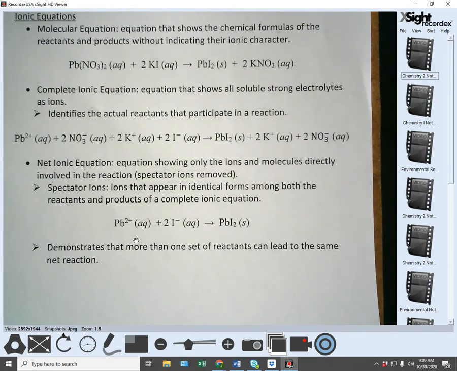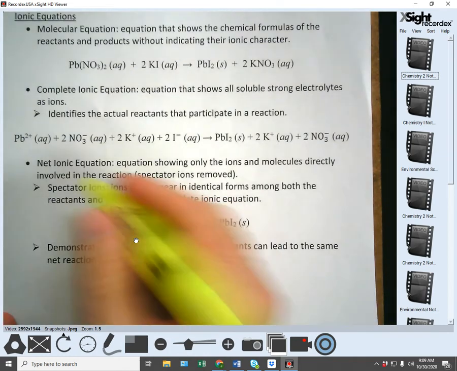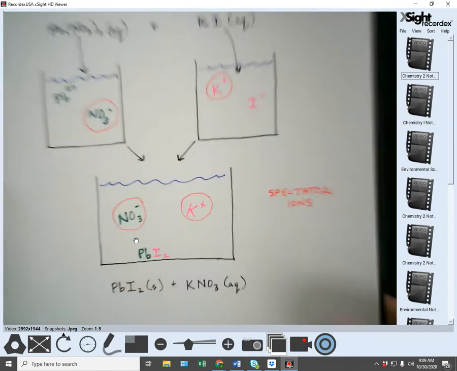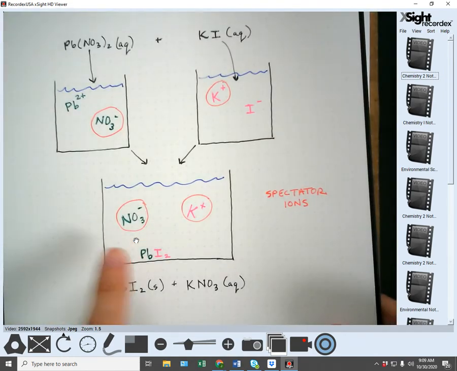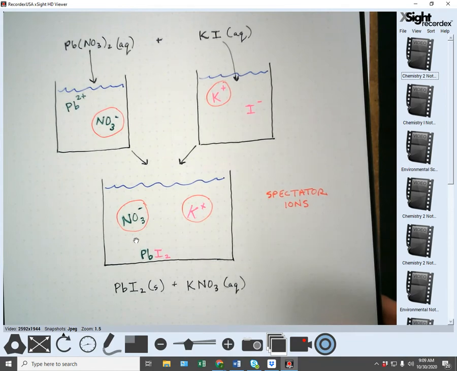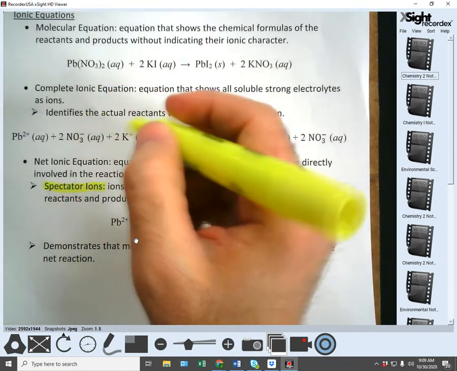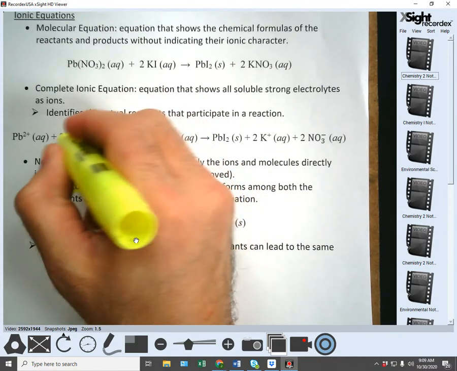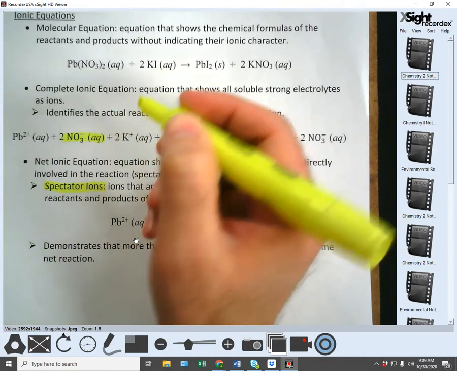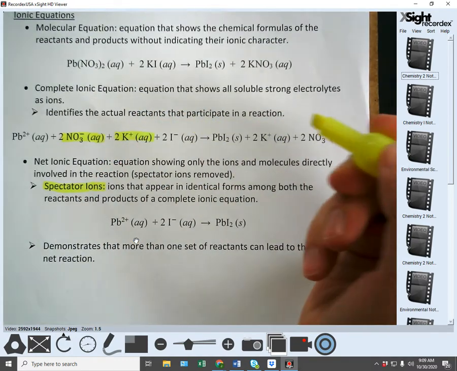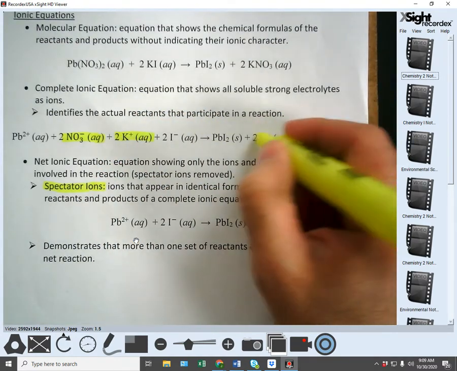Okay, so what did we say were the spectator ions for this one? We said the spectator ions were K plus and NO3 negative 1, right? So let's go up here to our complete ionic and let's identify those. The NO3 and the K plus. Right? Same thing over here.